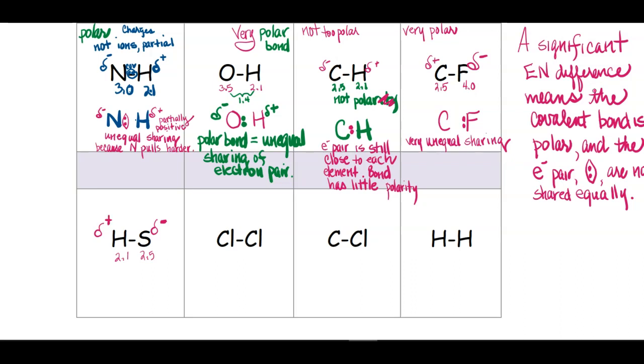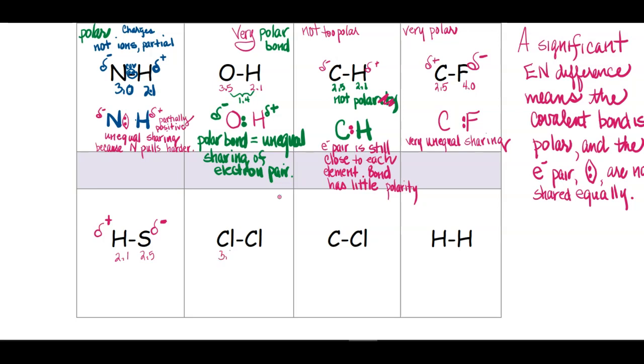All right, now let's go and do the chlorine-chlorine. All right, so figure out the electronegativity difference. Well, you're noticing it's the same element. This is a diatomic molecule, isn't it?